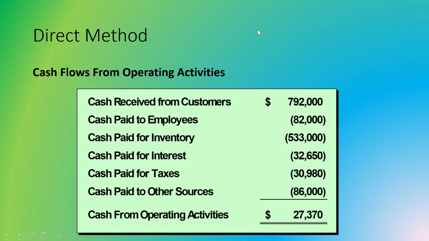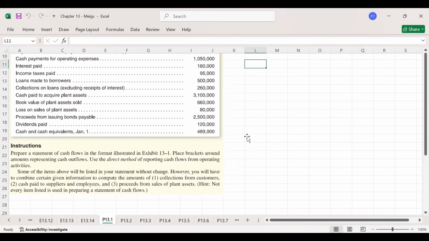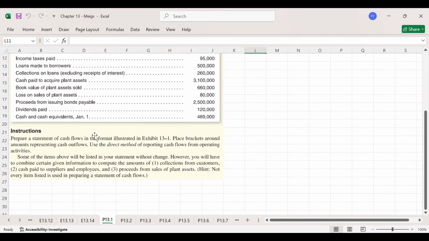So moving directly to the problem, here we have this problem, and you can see different cash receipts and cash payments are given, and other data is also given which is not directly related with the cash receipts or payments. So the requirements include a cash flow statement.